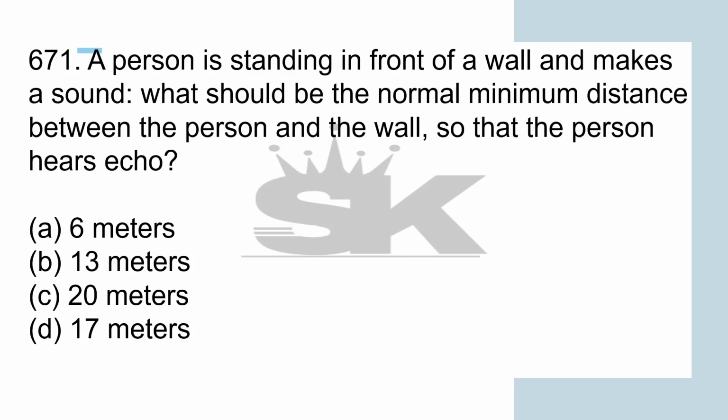What should be the normal minimum distance between the person and the wall so that the person hears an echo? So, important question, that is 70 meters. The minimum distance required for an echo to be produced is around 16.6 meters. We consider it around 17 meters.